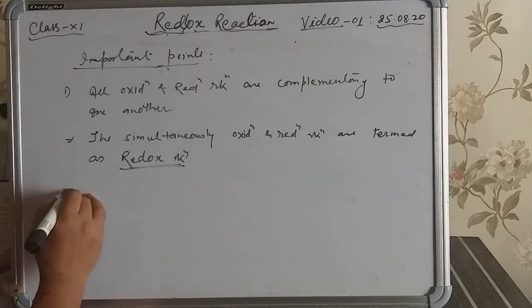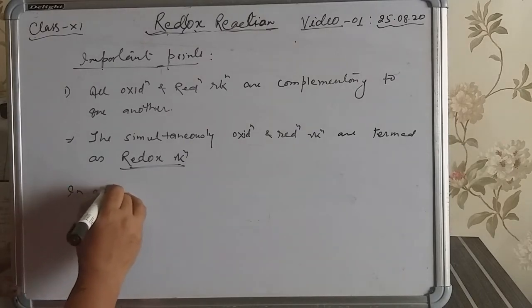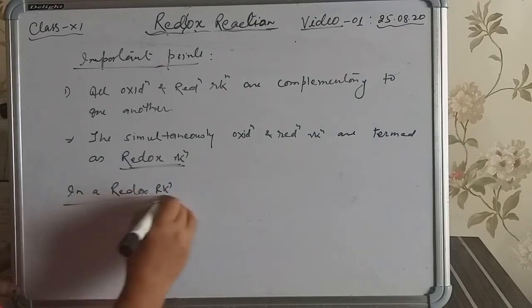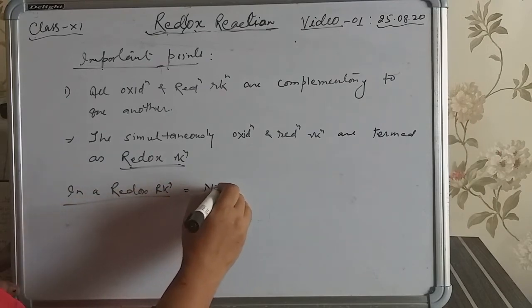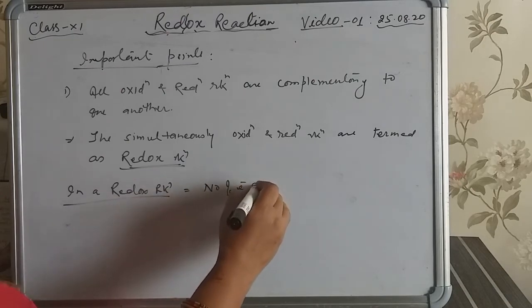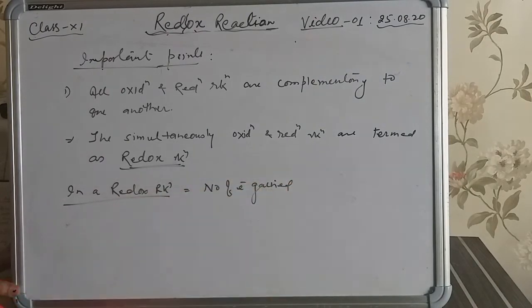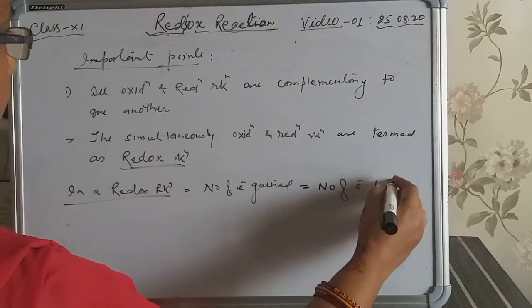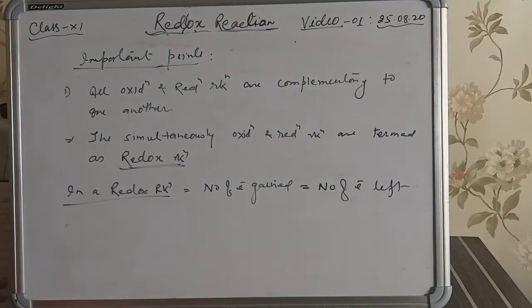So in a nutshell, we can say that in a redox reaction, the number of electrons gained equals the number of electrons lost.